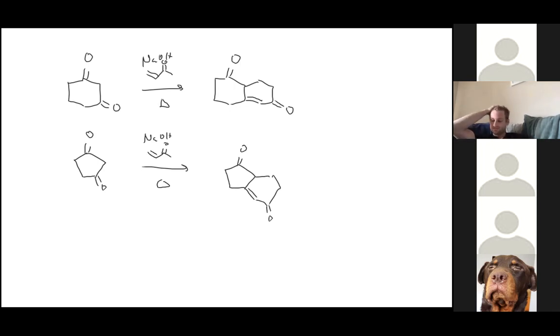Let's start adding some more carbons to it and talk about where those carbons go. So I'm going to go back to a 6-membered ring, add a carbon here, put 2 more carbons on this end.